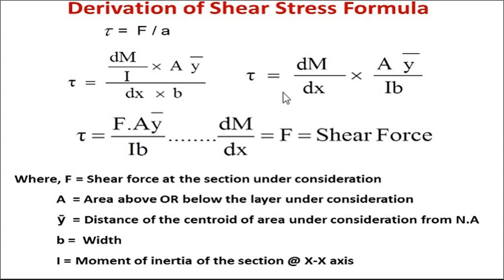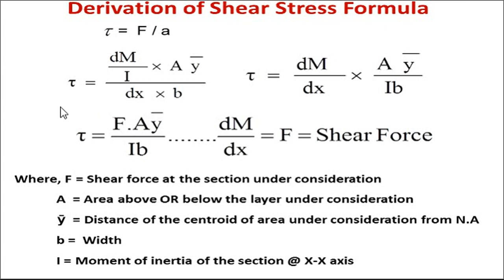If you take dM by dx common, it will be a y bar upon b I, and dM by dx is nothing but shear force, as we learned in the SFD and BMD chapter. So we can write the equation as tau is equal to F a y bar upon b I. F, V or S, different notations are used for the shear force.